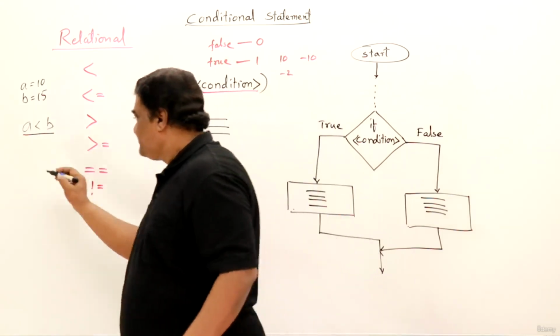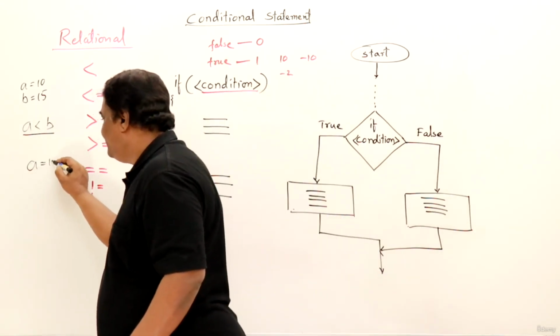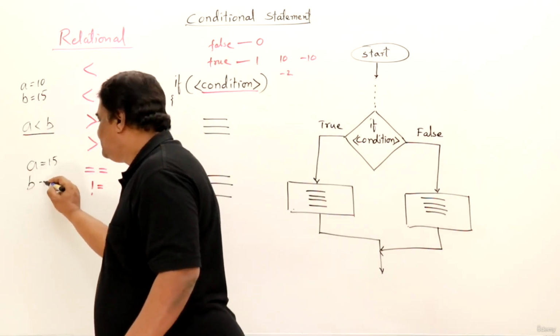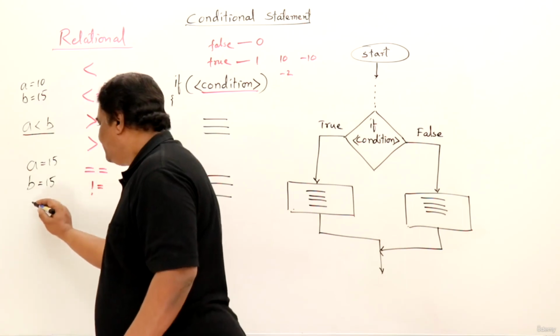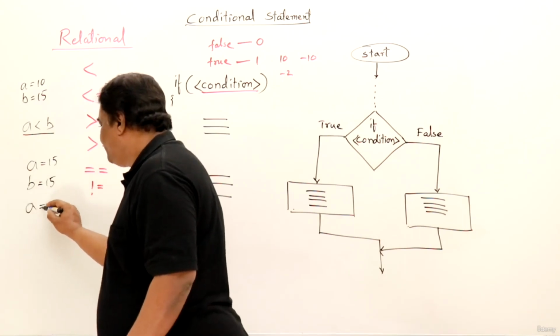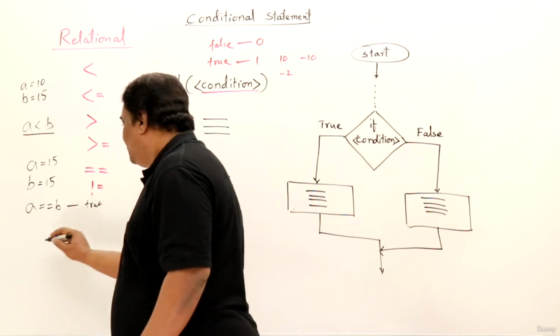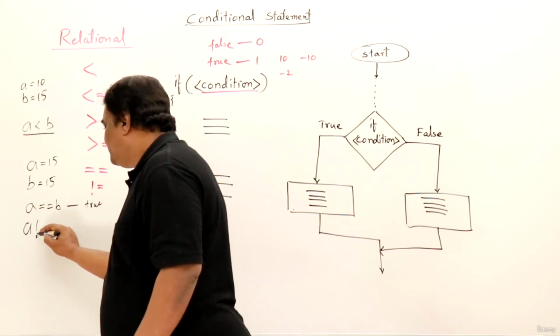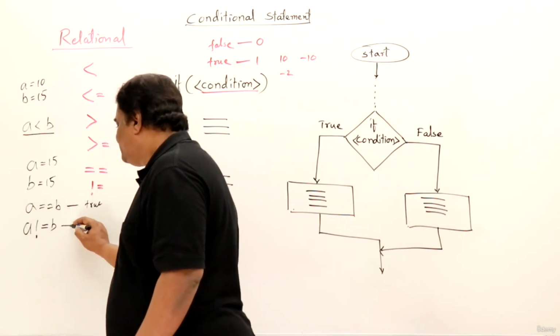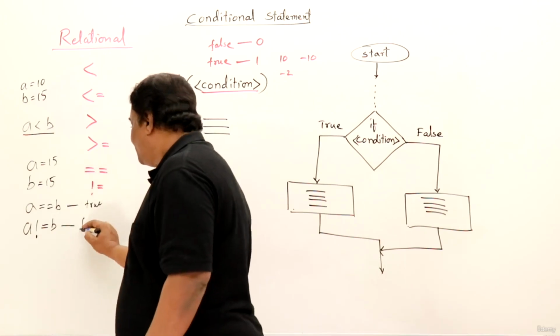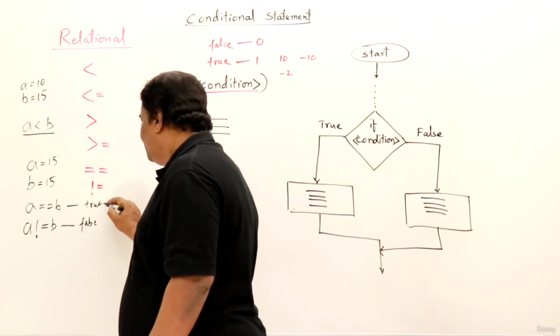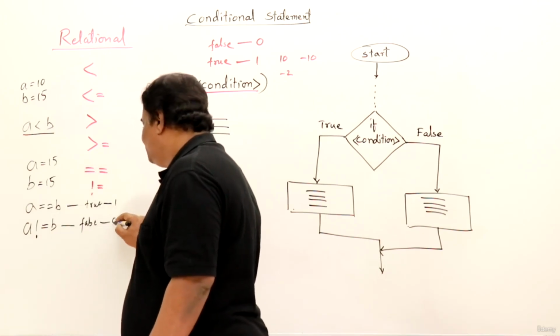Suppose I have A as 15 and B as 15. If I write A is equal to B, then the result is true. And if I say A is not equal to B, then the result is false, because actually they are equal. So this is 1 and this is 0.